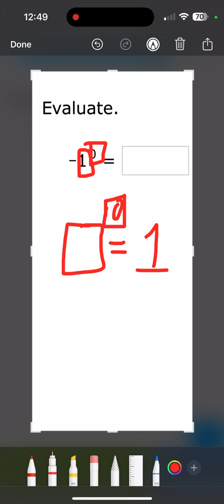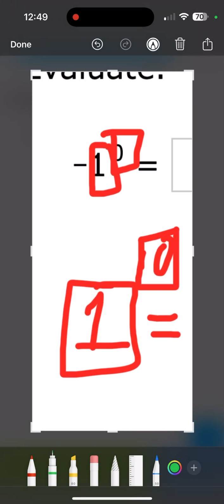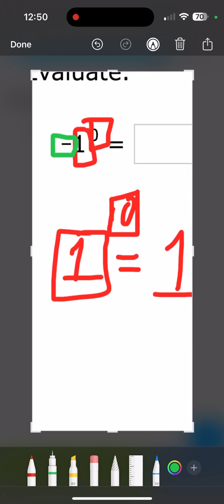We're already starting with 1, so 1 to the power of 0 will of course also be 1. But let's not forget we have that negative on the outside.